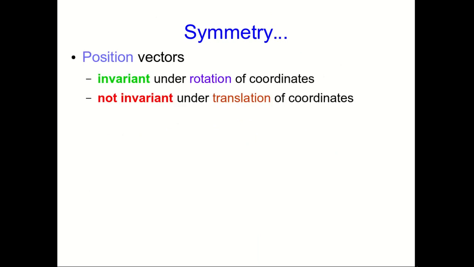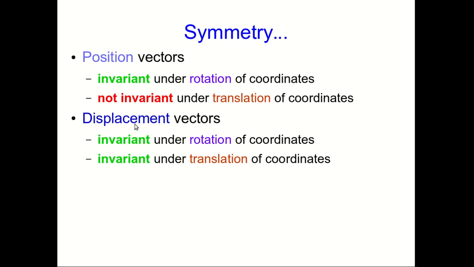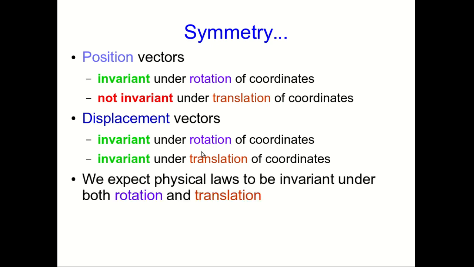Given that, I just want to quickly point out that this is a symmetry. Notice that position vectors are invariant under rotation of our coordinates, that's a symmetry, but they are not invariant under translation of the coordinates. On the other hand, displacement vectors are invariant under both rotation and translation of our coordinate system. One thing to note is that we expect our physical laws to be invariant under both rotation and translation.